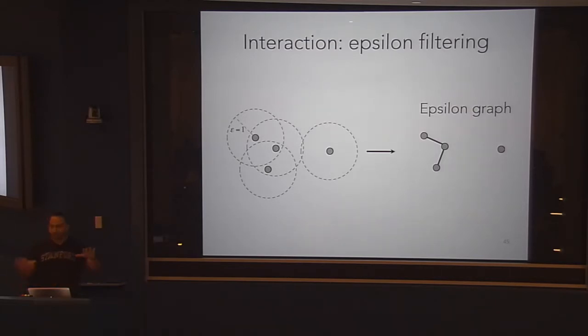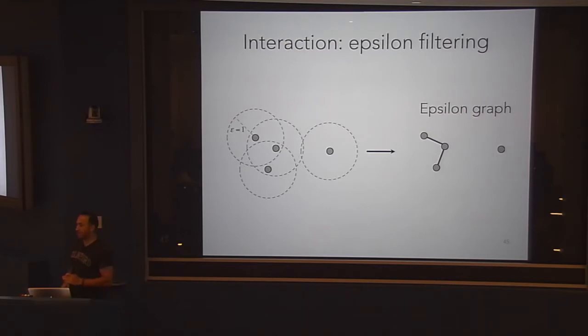Given a set of data points, the epsilon graph is the graph where you put edges between any two data points whose distance is within epsilon. Here epsilon is 1, so we put edges where the distance between those data points is 1 or less, and then there is one singleton.